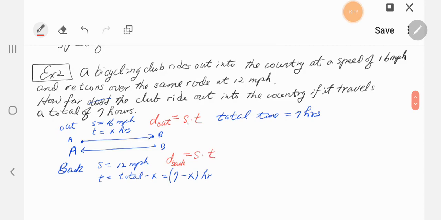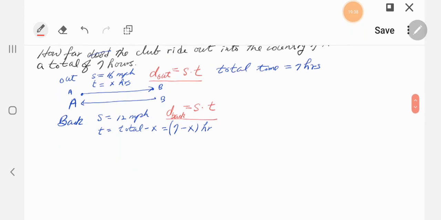This speed is speed out, t out. And this is speed and time for coming back, right? Should I write a different notation? Let's separate it into two pieces, above and below. This is related to out. This is related to back.